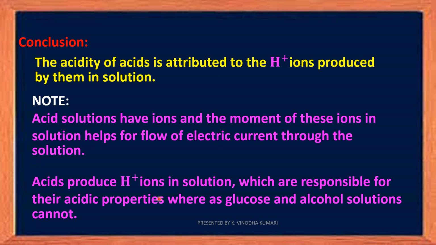The bases which contain ions in them will also help for the flow of current, because the OH minus ions present in the solution will help for the flow of the current, so that we'll observe that the bulb will also glow. So we can do the activity with bases also.